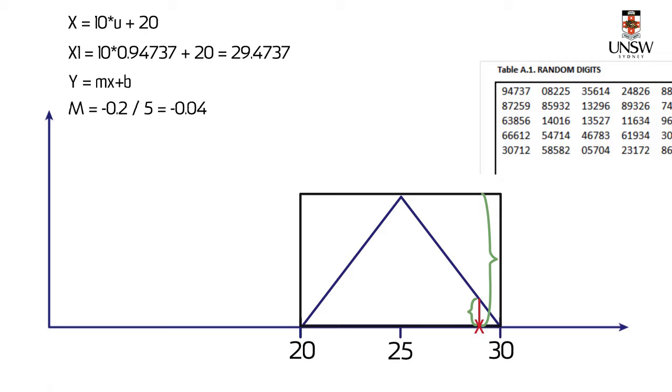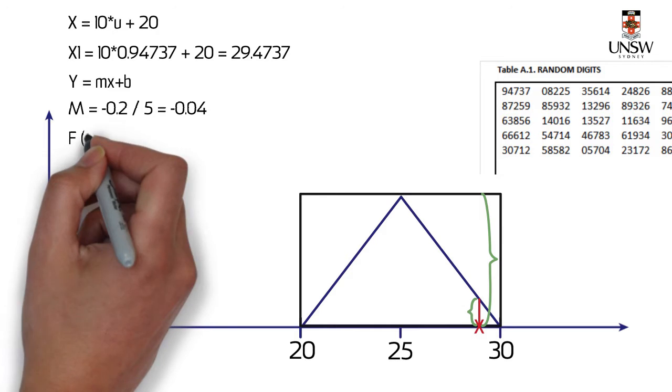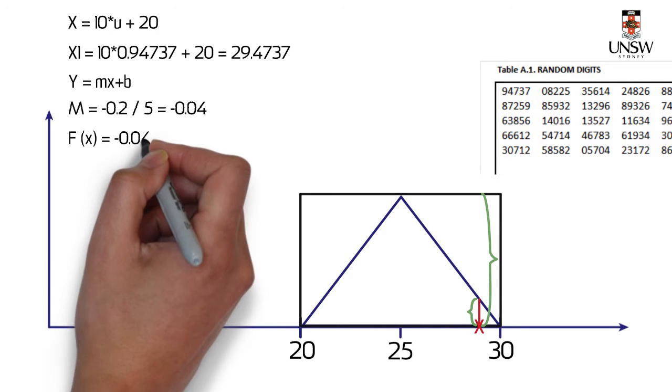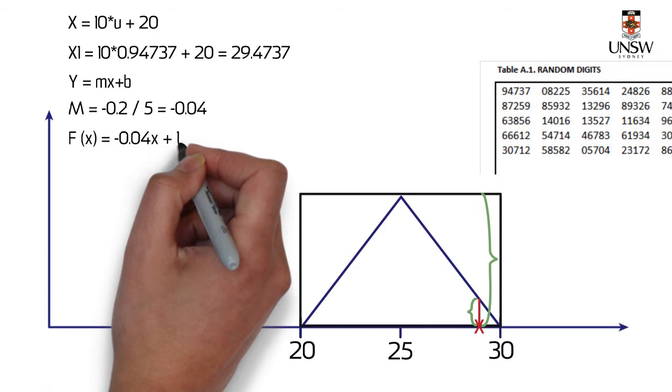Therefore, 0 equals negative 0.04 times 30 plus b, which gives b equals 1.2. So we get f of x equals minus 0.04x plus 1.2.